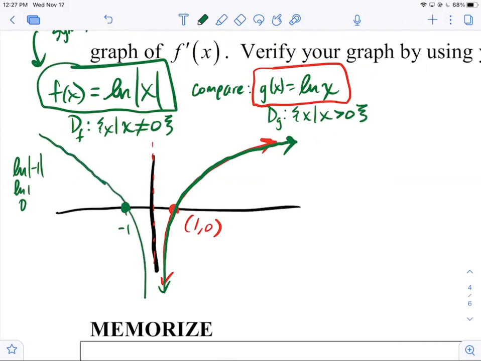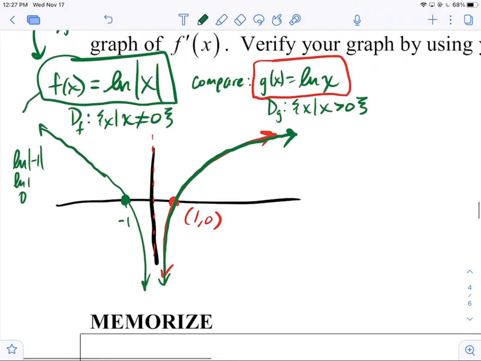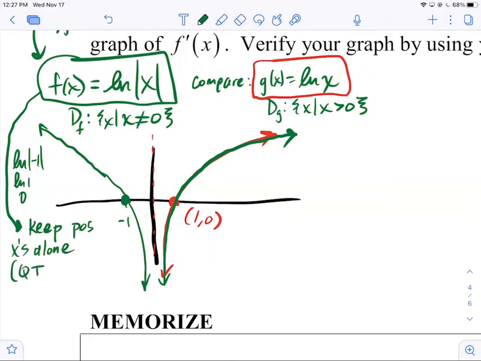So all you have to do to create this graph is, let's just come down here with the rule of thumb. We're going to keep positive x's alone. And that's going to be quadrants 1 and 4. Then, and this is the big one because it has y-axis symmetry, we're going to reflect these values across the y-axis.